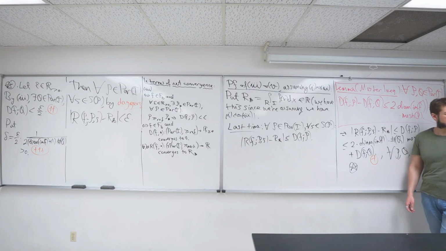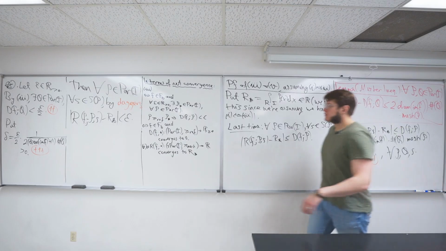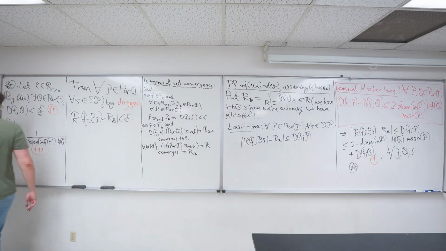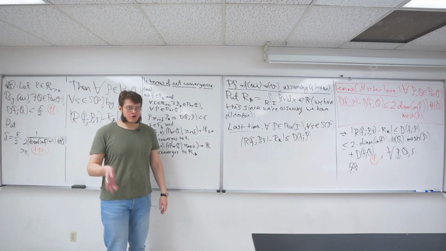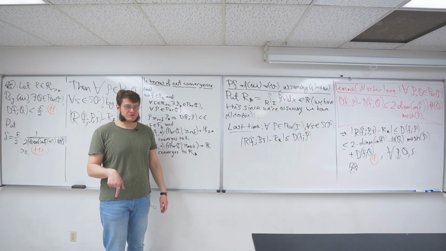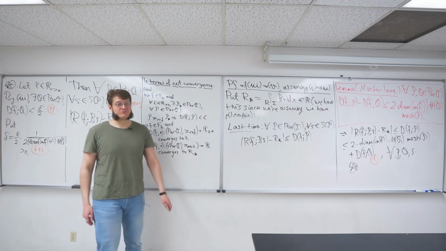Yes? Can you tell me delta? Given epsilon, define delta to be this number. What I was trying to prove is, for any epsilon, there is a delta, such that for any partition, if the mesh of the partition is bounded by delta, then the associated Riemann sum is bounded by epsilon.